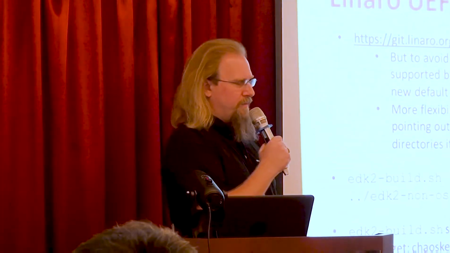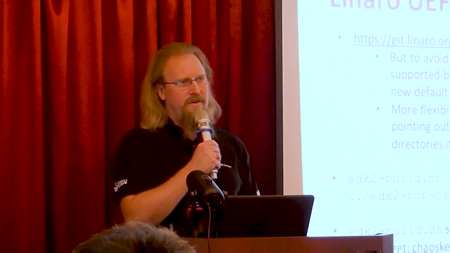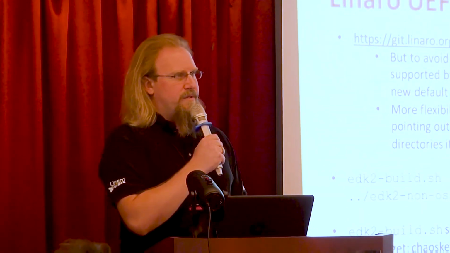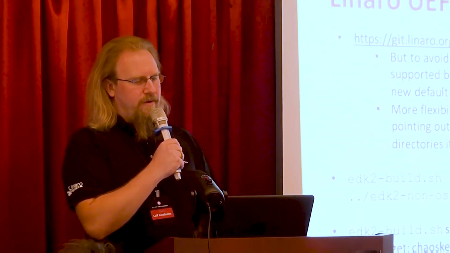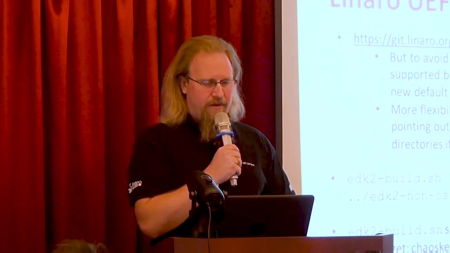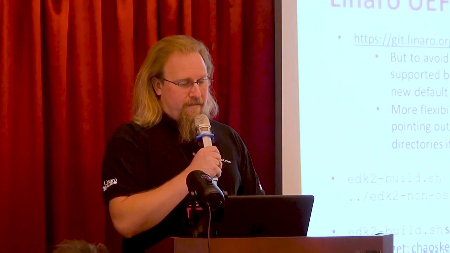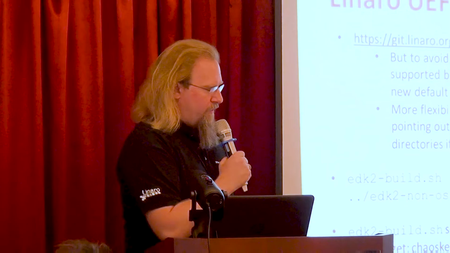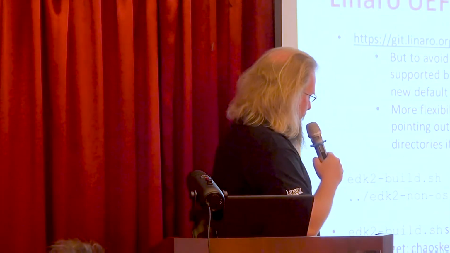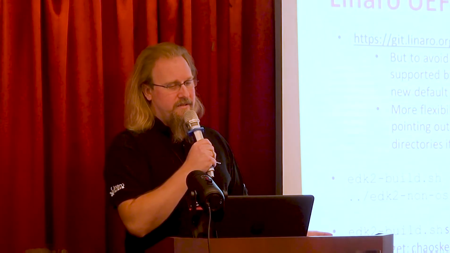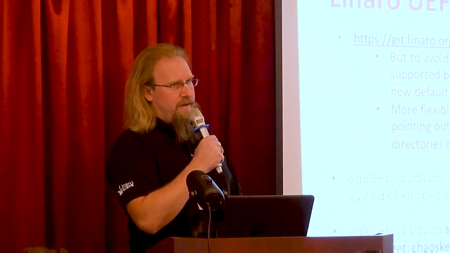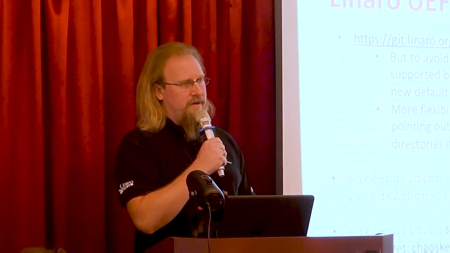But unlike the old script, you can also point them somewhere else if you have, say, a shared repository on a file server and you're building on a local disk, then that's easier to do now than with the old system. And I've also added a new feature here, so for things like generic device drivers, which can be built in multiple architectures, you can now specify in the command line that you want to build it for multiple architectures in one go.